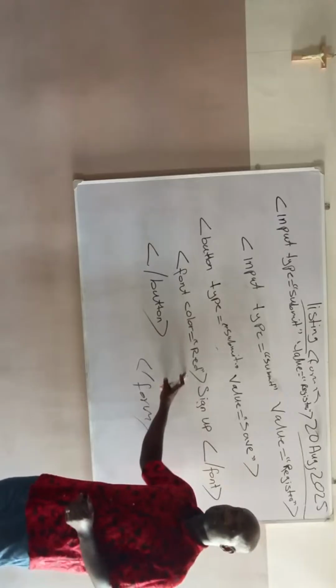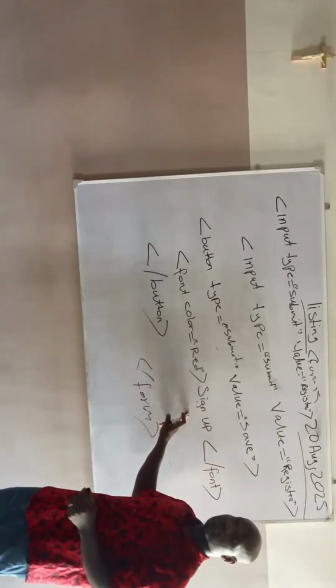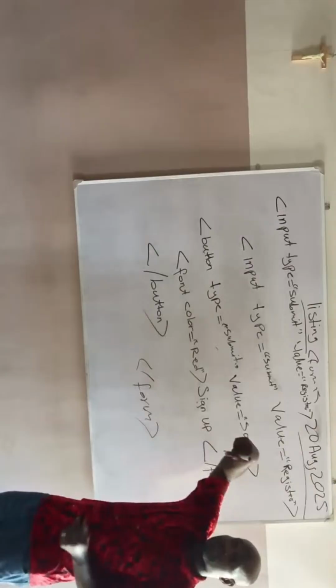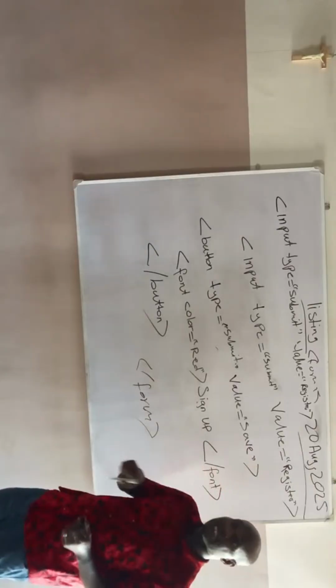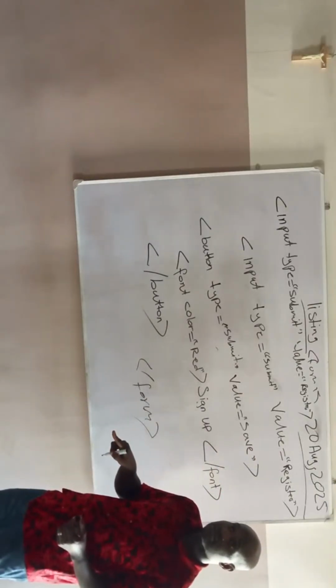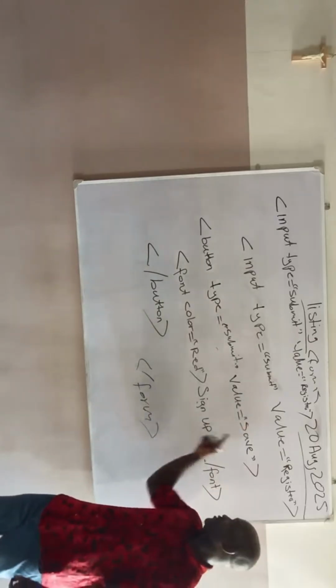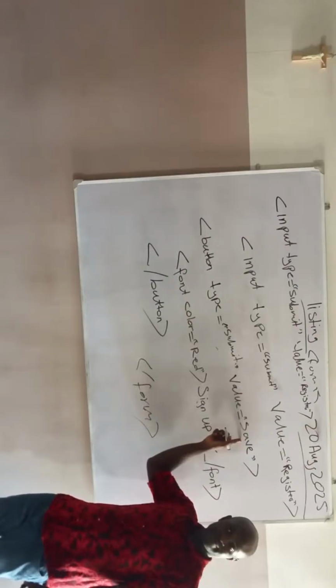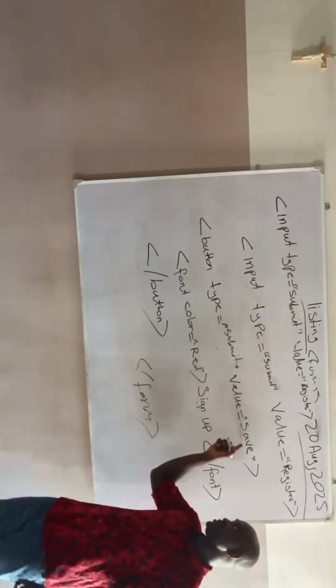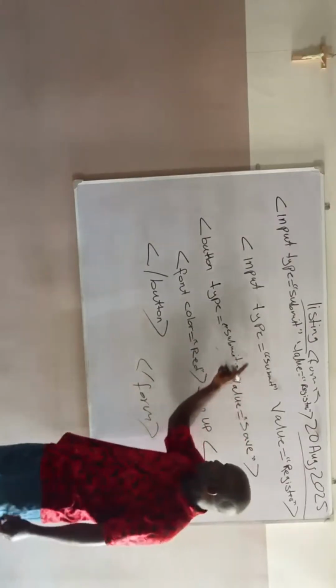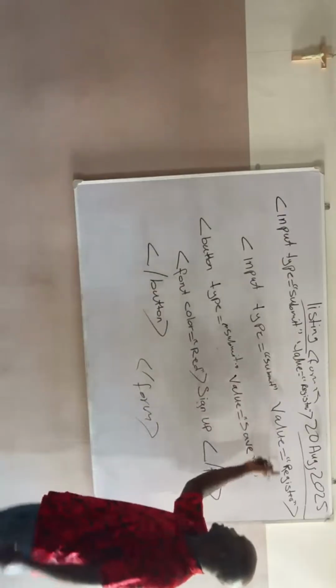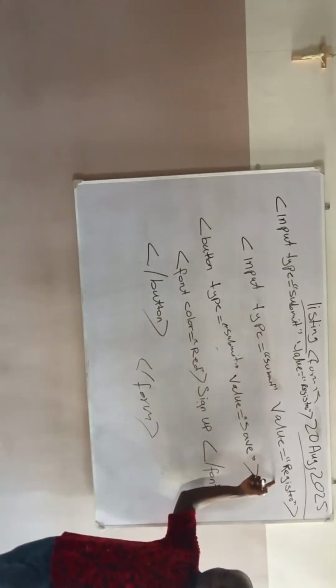Then in my processor, I will write: if the user clicks save, or not if the user clicks submit, because the value is what? Save. In this case, if the user clicks register, that is the value.